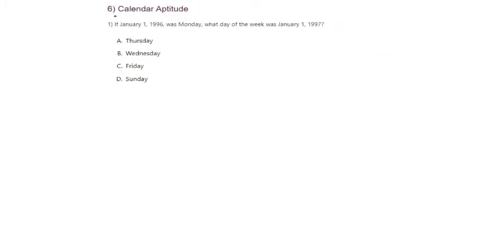Let's come to a simple calendar aptitude question, which is also very important in our MCQs. If January 1, 1996 was Monday, what day of the week was January 1, 1997? When this type of question arises, you don't have to freak out thinking you don't know what day it was. In a simple way, the first and foremost thing in a calendar aptitude problem is to check if 1996 is a leap year.